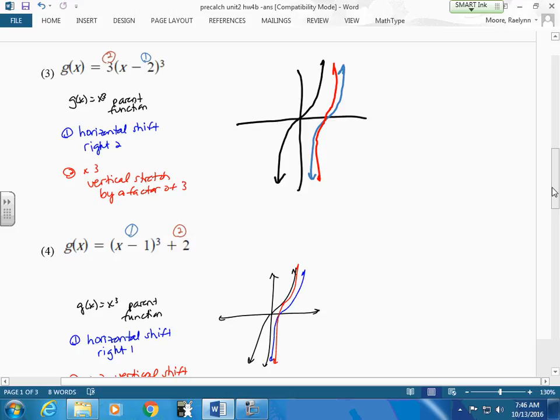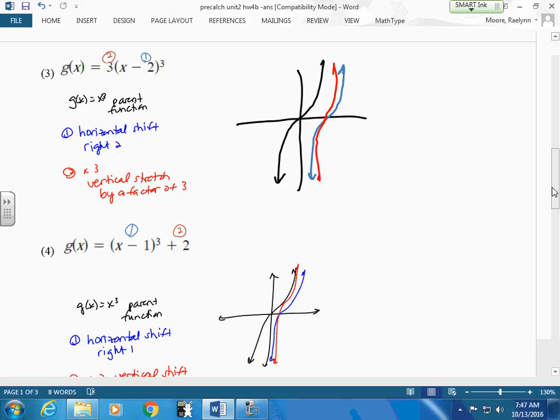Okay? Start inside the parentheses. That's a horizontal shift right 2. Cubing. Which is affected on cubing, the domain or the range? Neither, because they're both all real numbers. So we shift right 2 units, and then we do a vertical stretch by a factor of 3. Hold it up slightly.